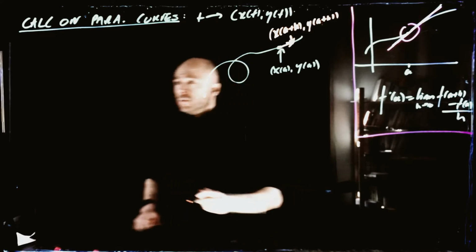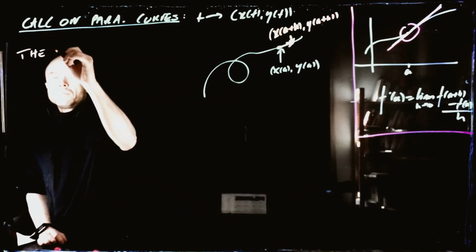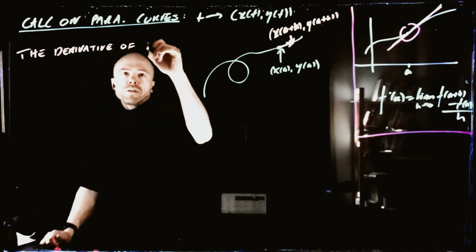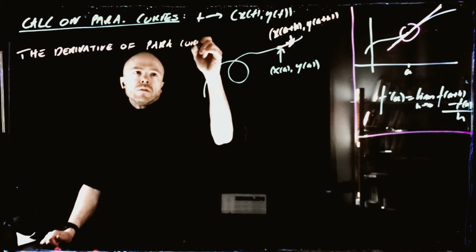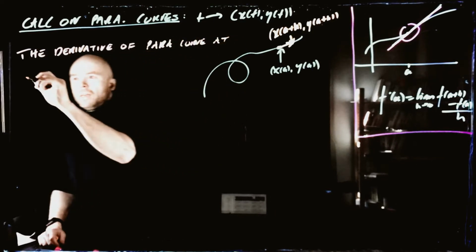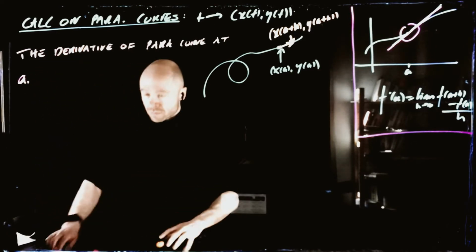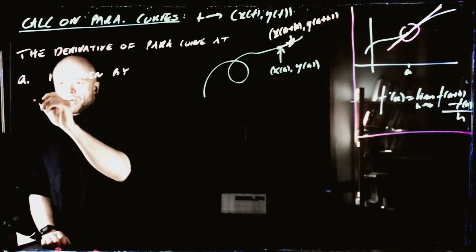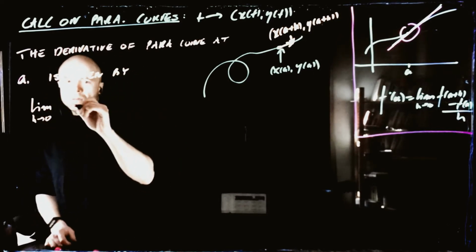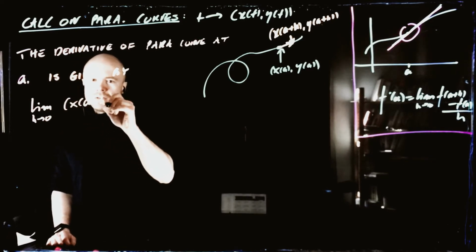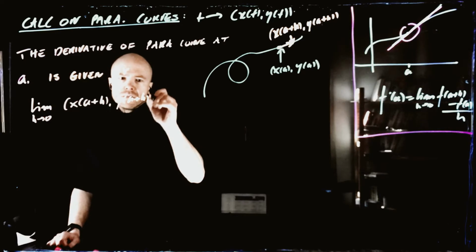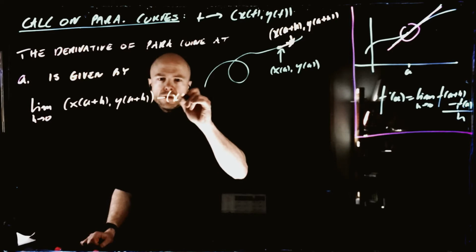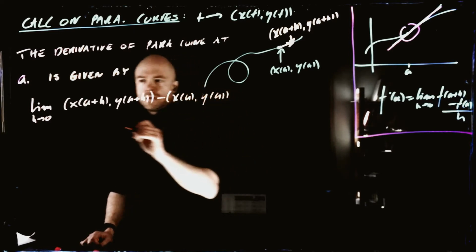So the derivative of a parametric curve at A is given by the limit as h goes to 0 of x of A plus h, y of A plus h, minus x of A, y of A, over h.